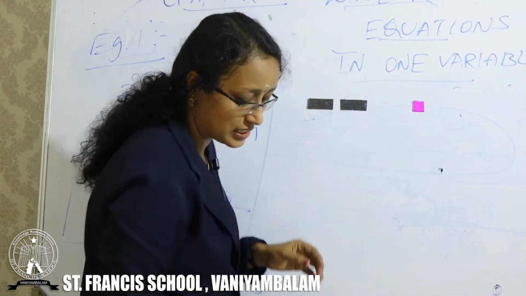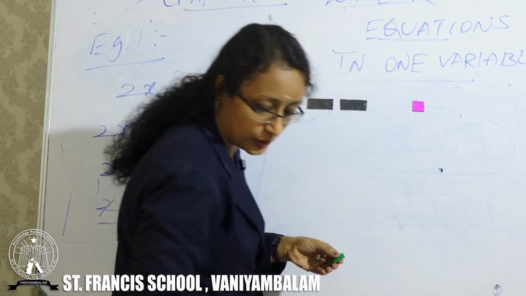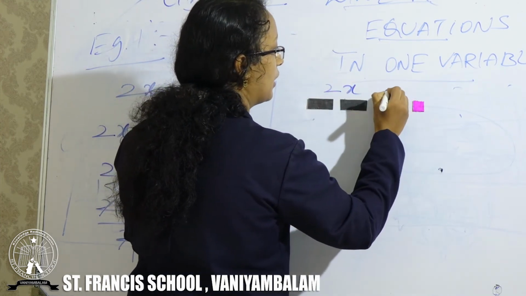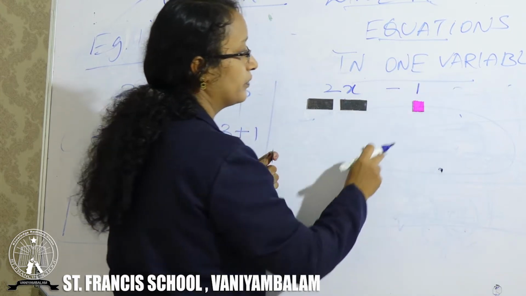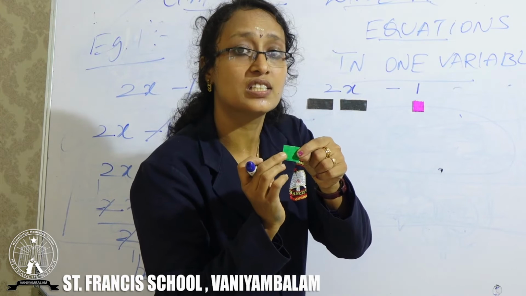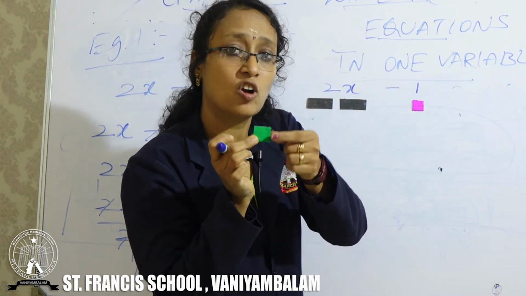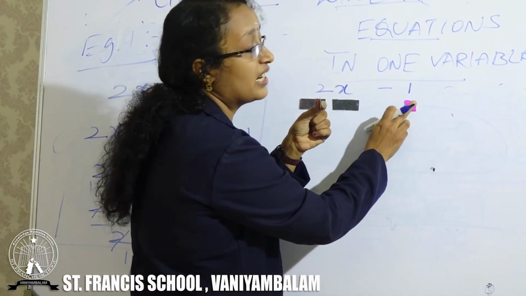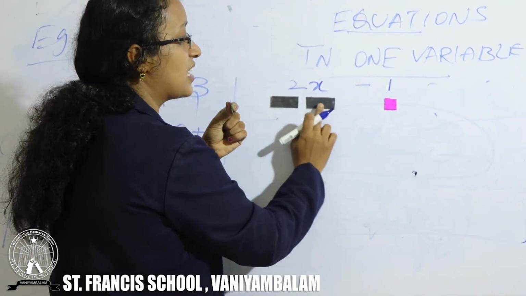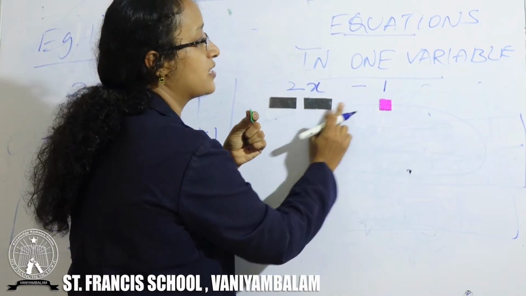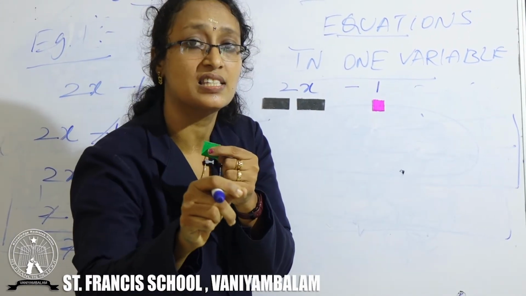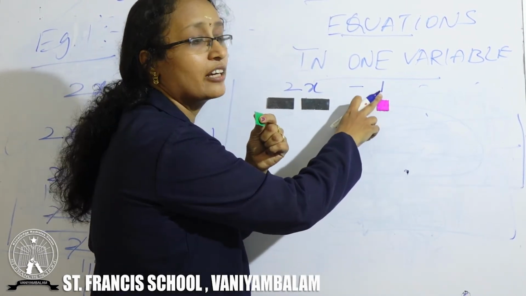2x minus 1 is equal to, I'll write it here, 2x minus 1. Here, the green color indicates what? The positive constant, and the pink color indicates negative constant. So 2x, this is 1x and this is another x. I told you this pink color represents negative constant.